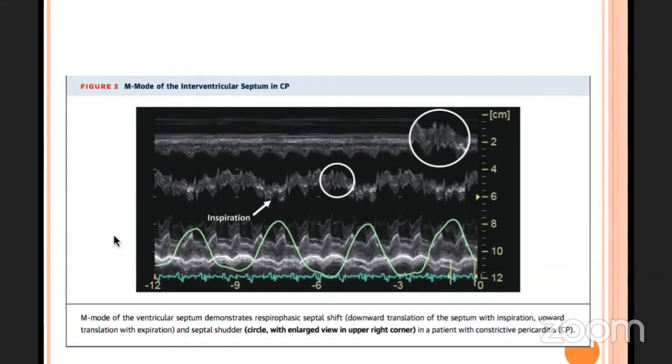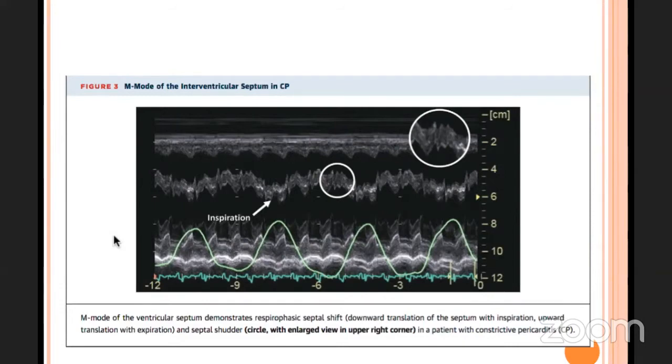So this is a sign of exaggerated ventricular interaction. This is what we call the echocardiographic equivalent of the discordant movement or discordant pressure pattern that you get in the cath lab. So this is a simpler way if you can show it.